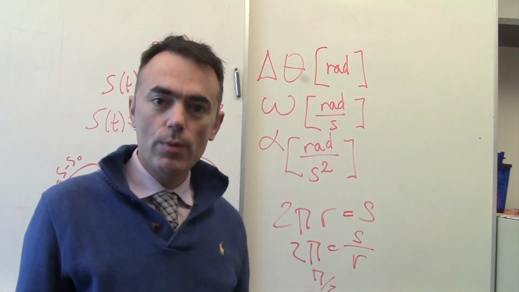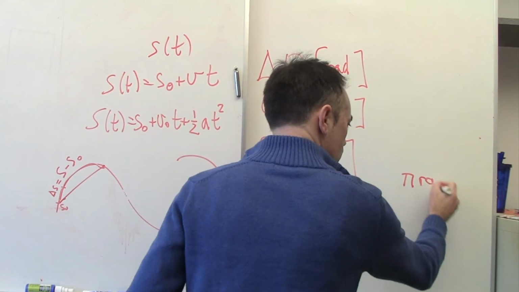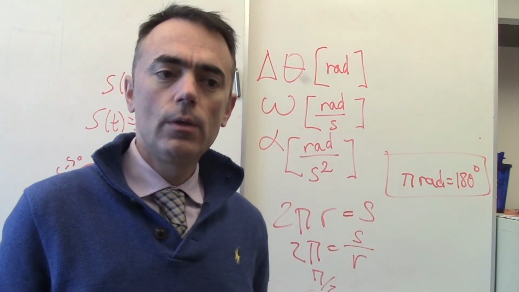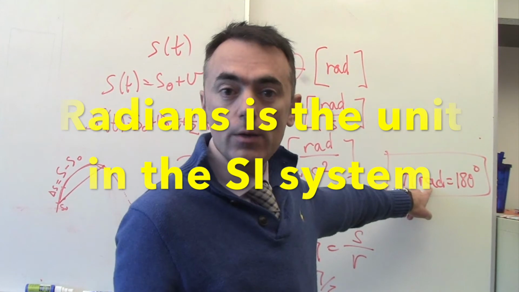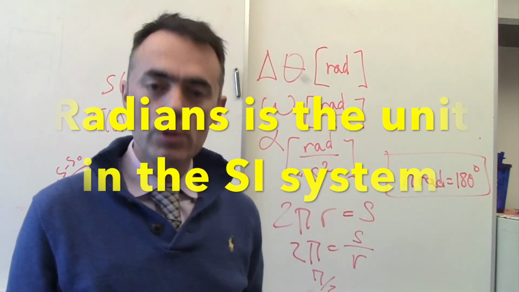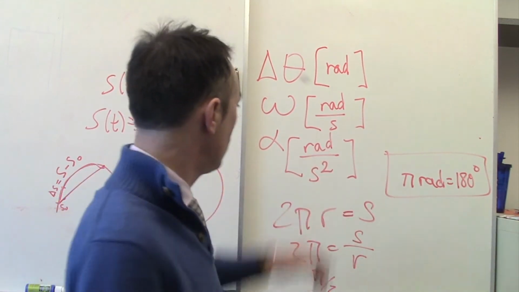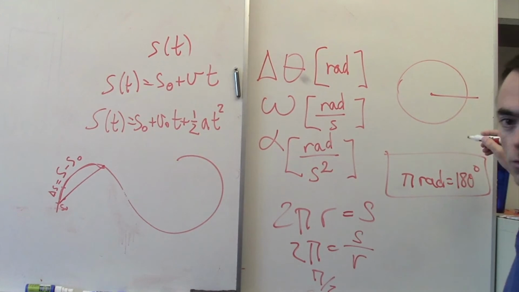So we introduce the radian with the relationship that pi radians is 180 degrees. That's a new unit of angle, and the radian is the SI unit, so that's the unit we're going to be using when we're talking about angular displacement, which is just the angle traveled by an object in a circular trajectory.